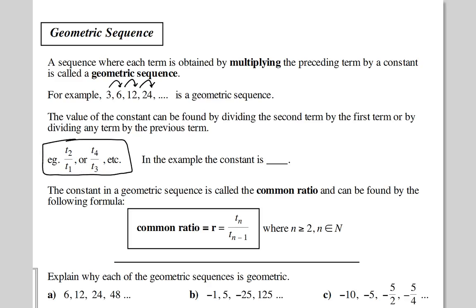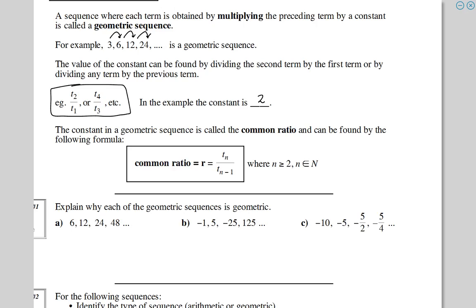So any term divided by the previous term will give you the constant that you're multiplying by. So in this example here, the constant is 2. Okay, they call that constant the common ratio, and we're going to give that a symbol of R. R is our common ratio, okay?